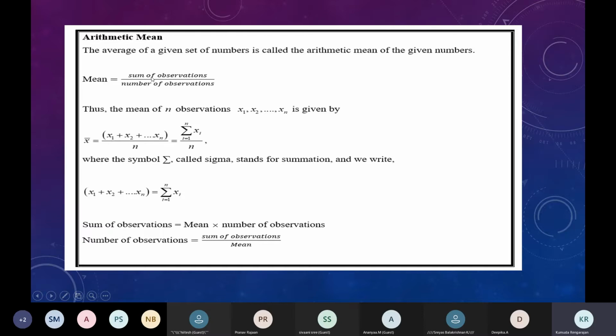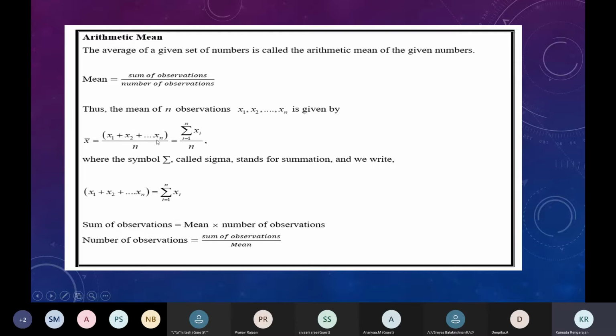Okay, so mean is equal to sum of all observations by the number of observations. So if there are n observations and you call them x1, x2, x3, x4, and so on up to xn, then mean or x bar is equal to the sum of all the observations, x1 plus x2 plus x3, so on up to xn, by the number of observations n.